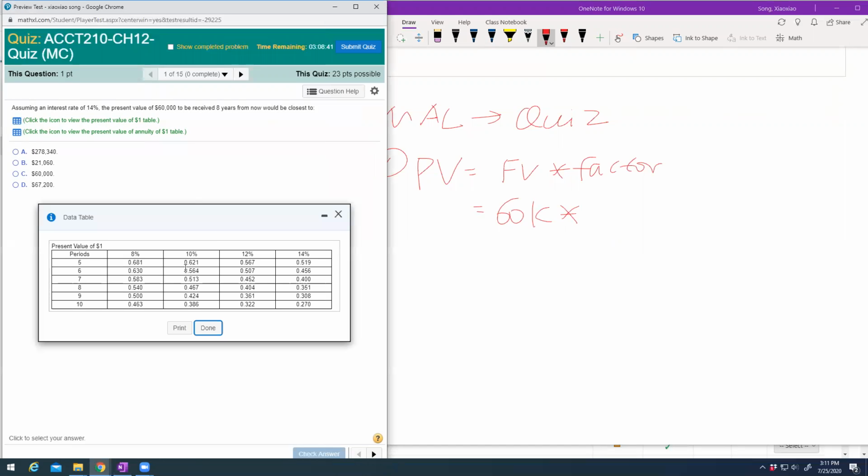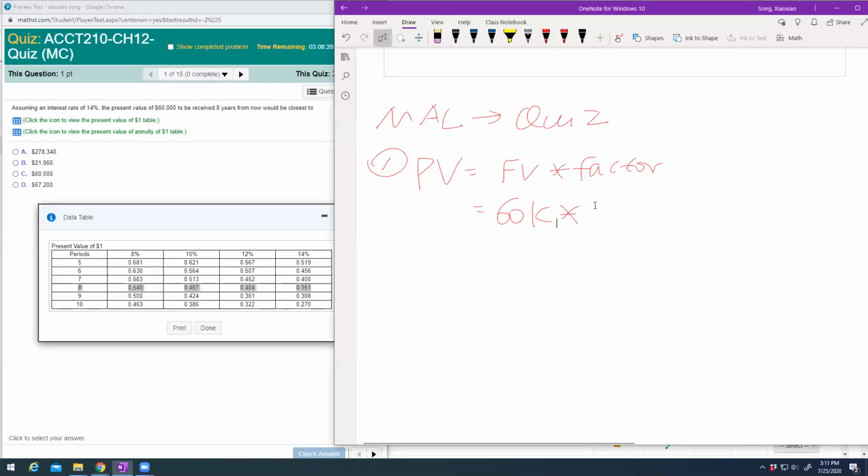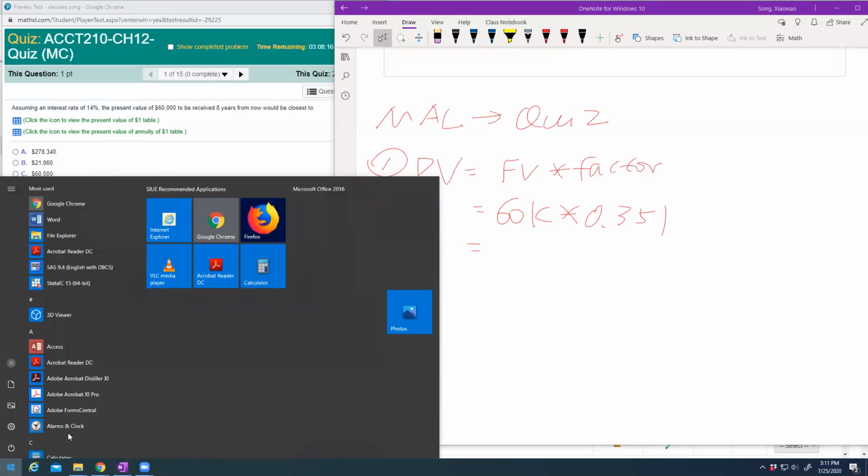We look at 8 years, period is 8, and rate is 14%. Make sure you don't go to the other line. It's 0.351, so we multiply by 0.351 and then look at the answer. It is very important that you know how to do this present value calculation.